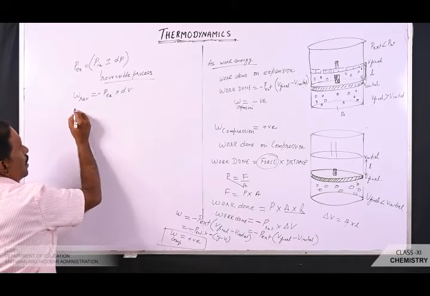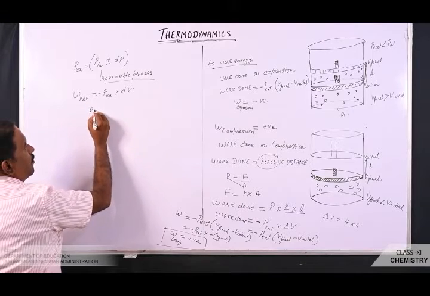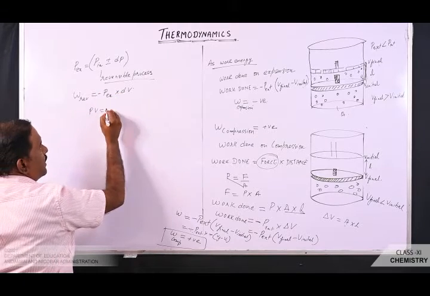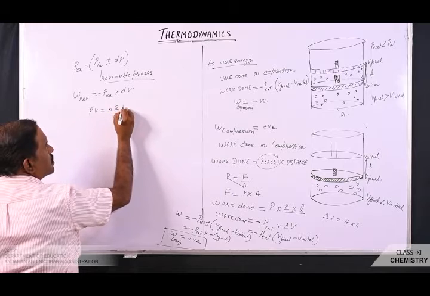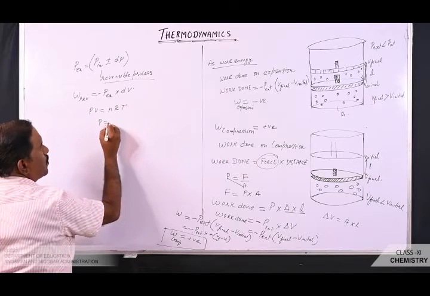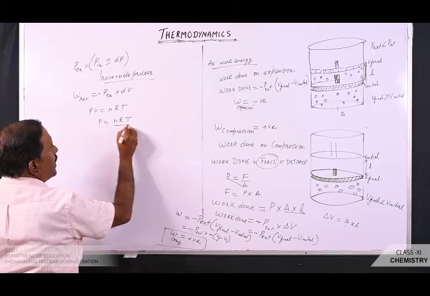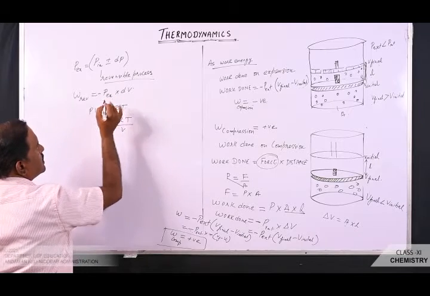Okay. In place of P external, I can write PV is equal to nRT. So, P is equal to nRT by V. I will substitute this in the expression.